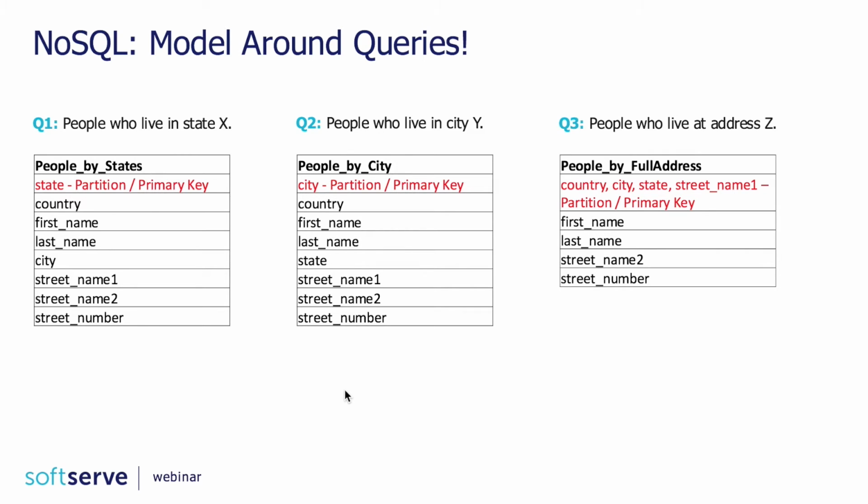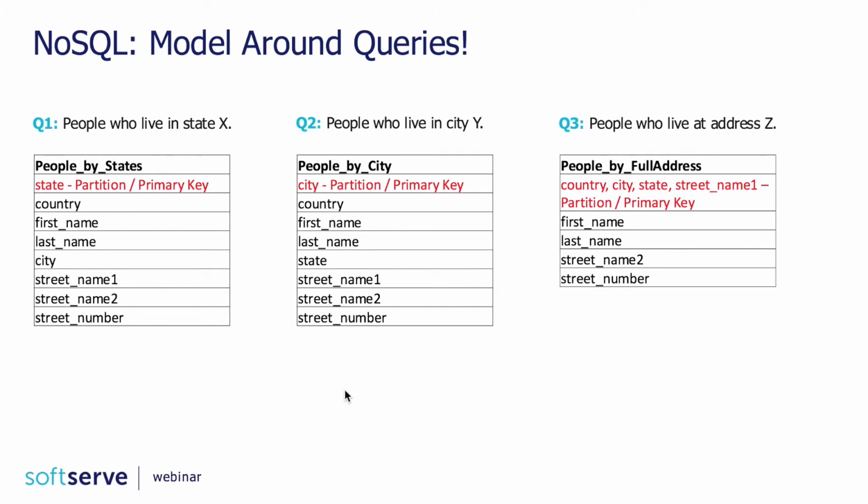tables as queries you have, because in NoSQL we need to achieve great read performance, and this is the main idea of NoSQL, right? And to be able to provide this performance, you need to spread data evenly and be able to reach out only to the data you really need.